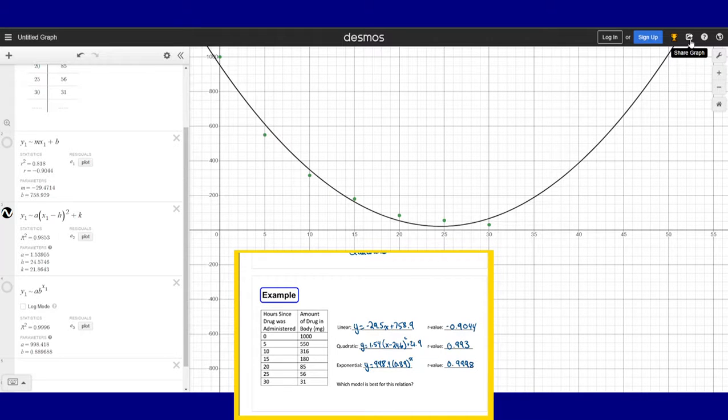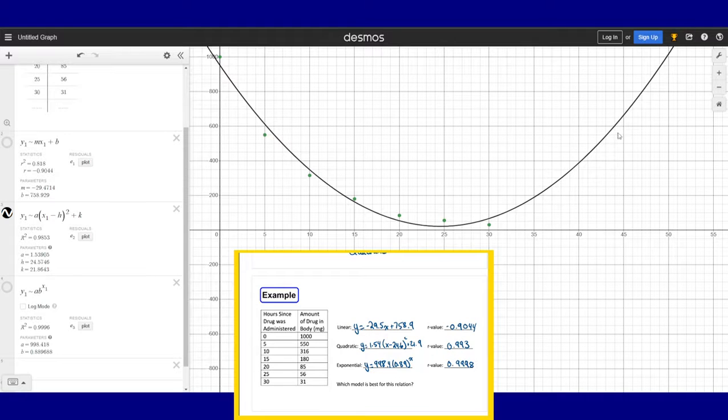If we know about any sort of drugs being administered to the body, it wears off, right? Your body uses it up, dissolves it, breaks it down, uses it for its intended purpose, whatever the case may be. The amount shouldn't increase again unless you're getting a new dose. But that's not what we're looking at. We're looking at a single dose over a period of time.